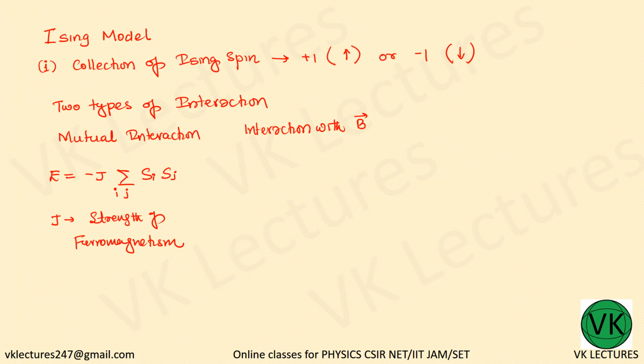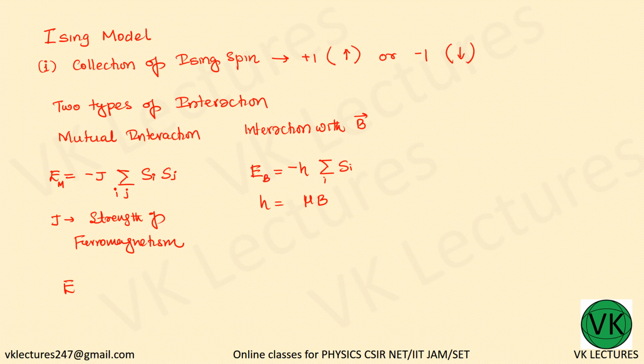And for the interaction with the magnetic field, E is given by minus H into the sum over i of Si. Here H is equal to mu times B, mu B. Now the total energy E, this is for the mutual interaction, and this is for the interaction with the magnetic field.